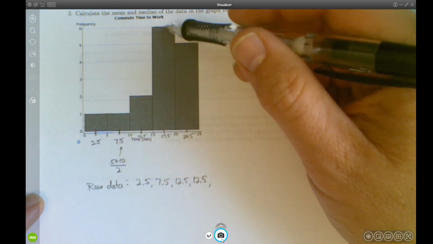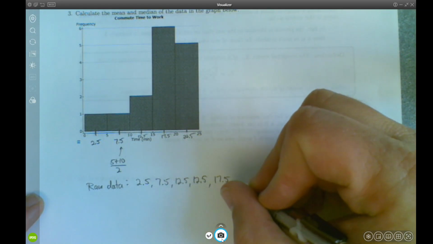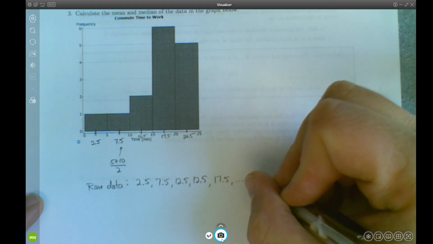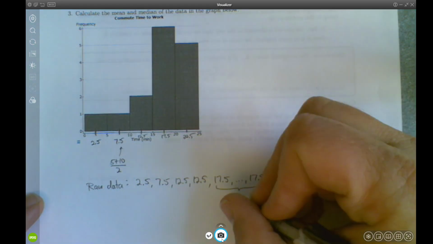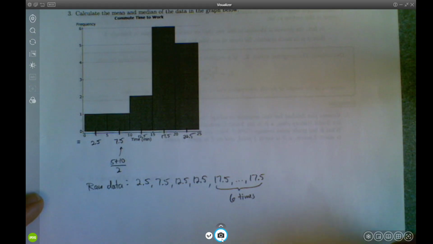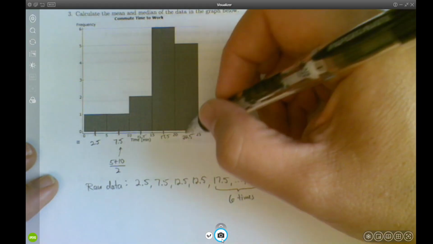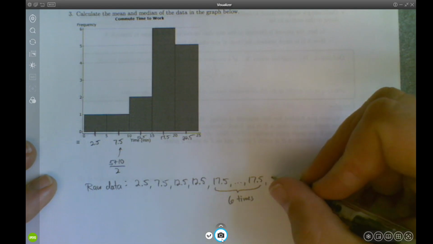There were 6 individuals with a commute time of 17.5 minutes. And then there were 5 individuals with a commute time of 22.5 minutes.